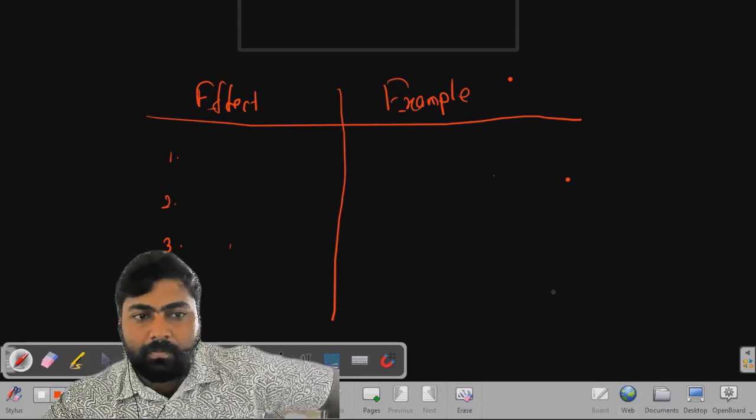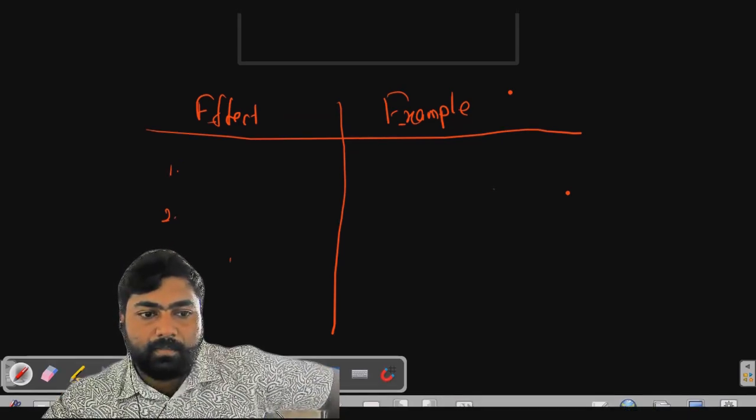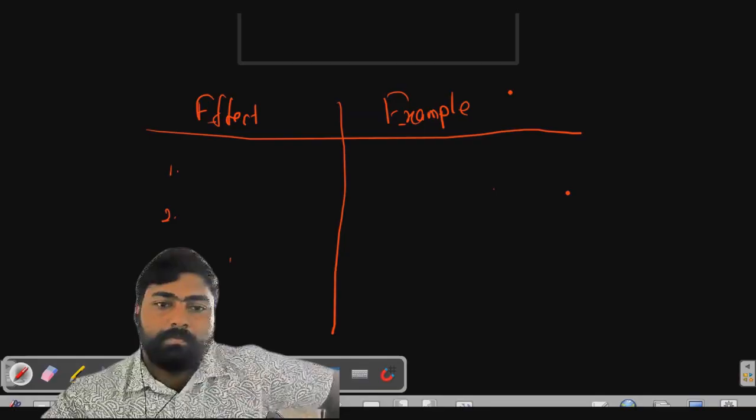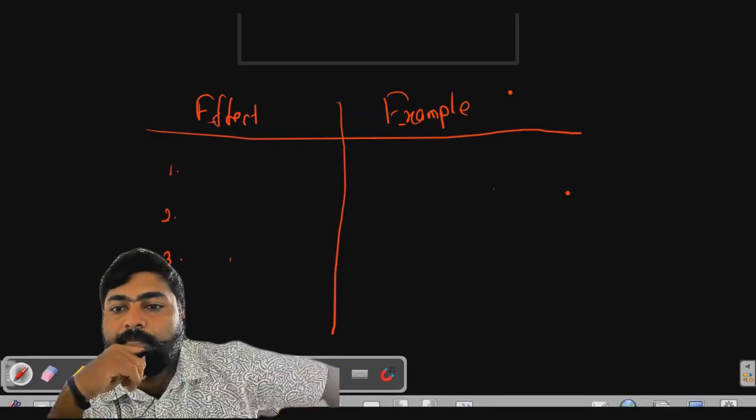Okay. Then write the first effect. Start motion. First one. Then the second one.